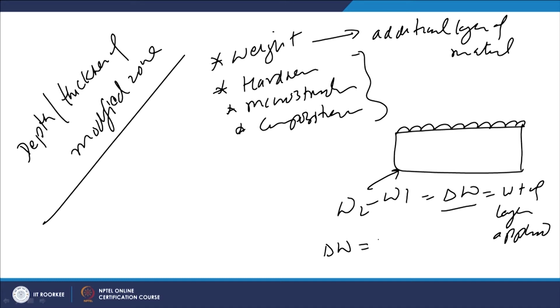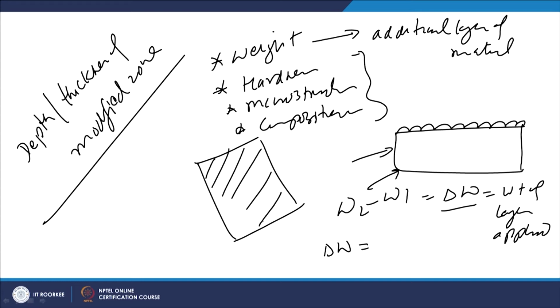For that purpose, if we see this modified zone in the top view, over this area, the width of this modified zone is say B, the length of the modified zone is L, and the density of the material which is applied is rho.